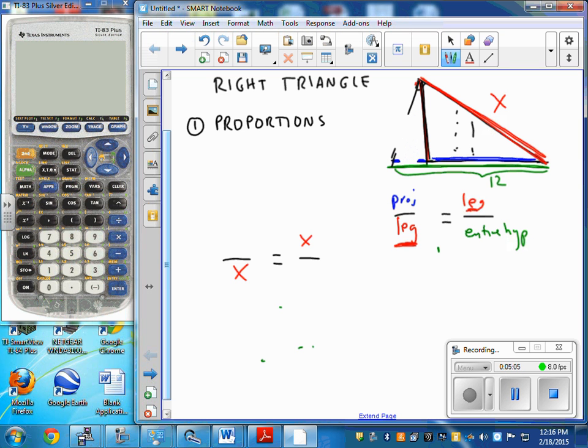If we knew that this bit was 2, then the projection coming down, the blue over here, would have to be 10, because 2 plus 10 has to add to 12. So 10 would go there, and the entire hypotenuse is 12, so x squared is 120. So x is the square root of 120.